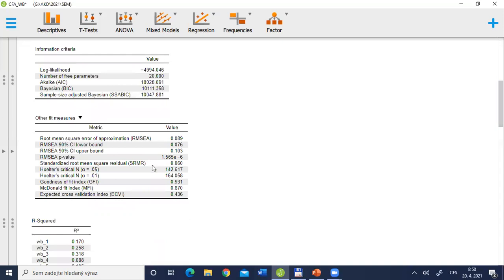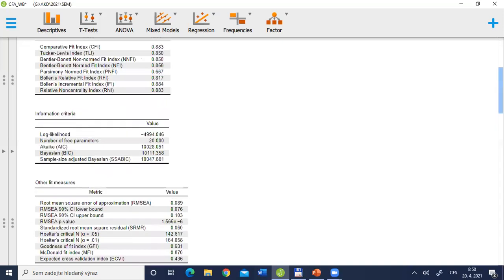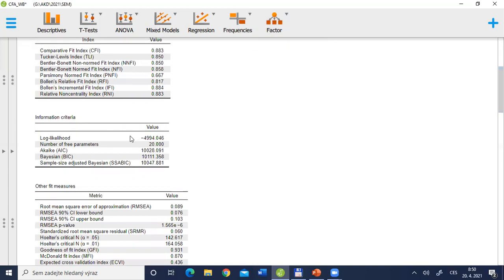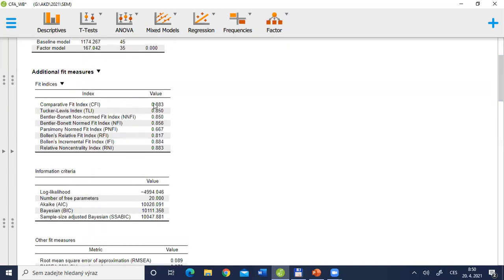I would like only to say that these tables in the confirmatory factor analysis dialog are slightly different from the organization of the structural equation modeling output procedure, but still the values are the same. So CFI and TLI are 0.883 and 0.85.